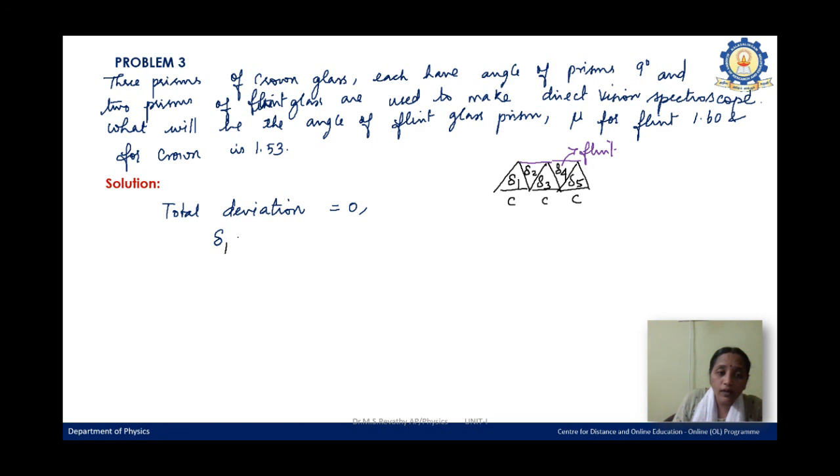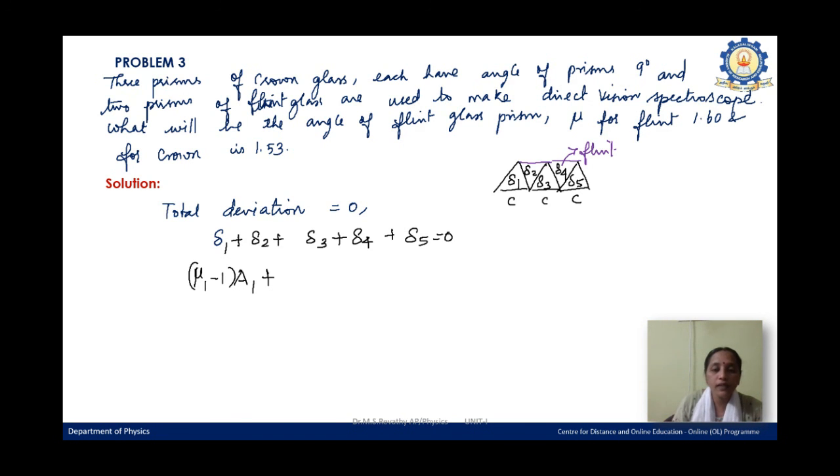So del 1 plus del 2 plus del 3 plus del 4 plus del 5 is equal to 0, because there are 5 prisms, and each produces a deviation on its own. Next, let us substitute the equation of refractive index and angle of the prism for deviation. This will be mu1 minus 1 into A1, for crown.